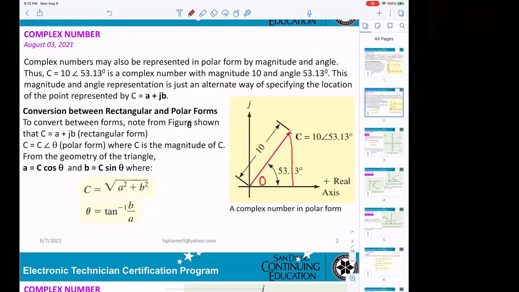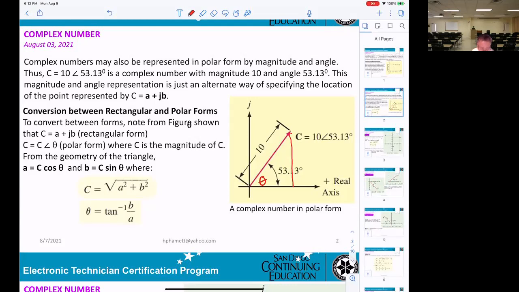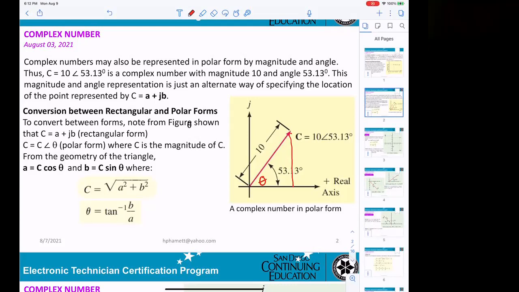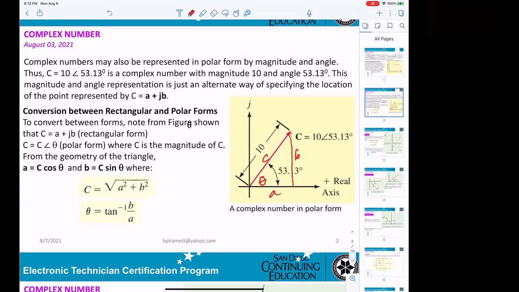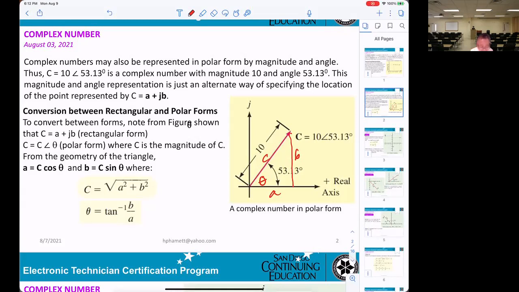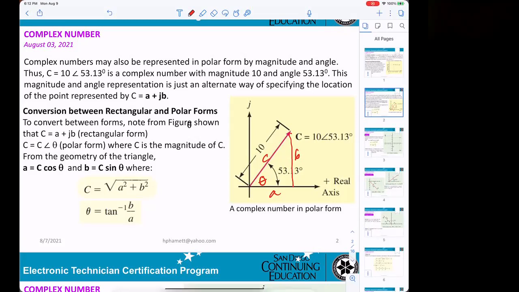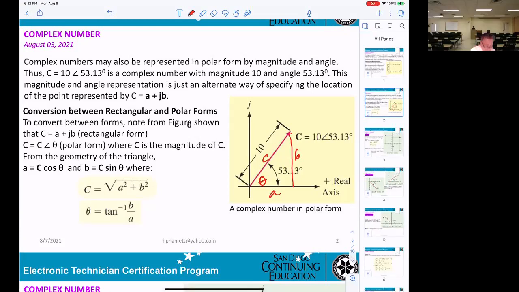One side will be A, one side will be B, and where the 10 is at is C. Correct. That's trigonometry, so that's why I said we don't go into the detail of trigonometry. However, you need to memorize those two formulas in order to do the job.